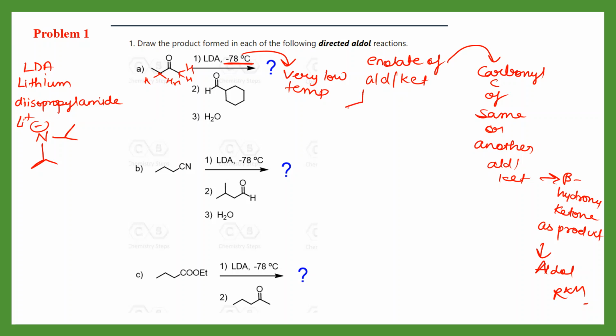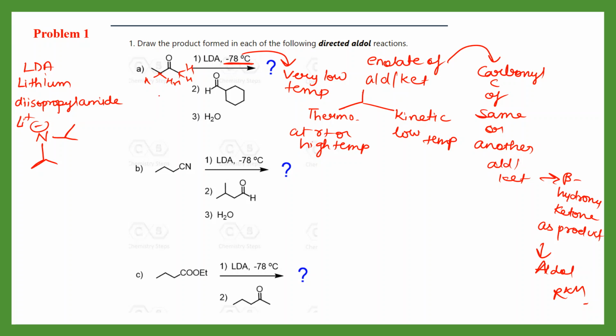So in chemistry, there are two types of enolate: thermodynamic enolate and kinetic enolate. Thermodynamic enolates are favored at room temperature or high temperature, while kinetic enolates are formed at low temperature.